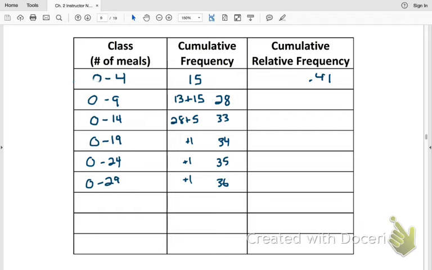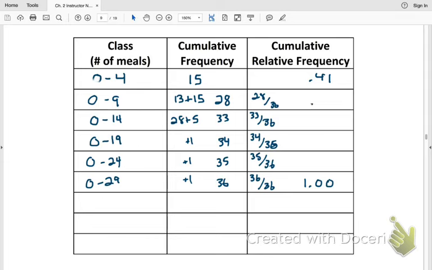Now we'll have to recalculate our cumulative relative frequencies. We'll do 28 over 36 and 33 over 36 and so on to figure out the cumulative relative frequencies. Of course, 36 out of 36, at the very end we should be at 1.